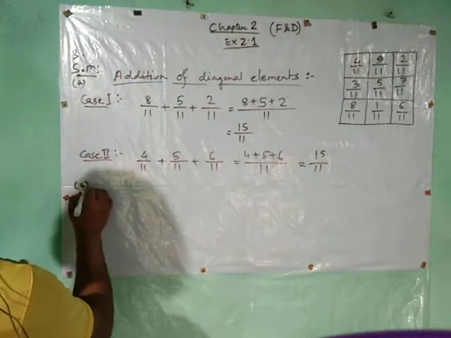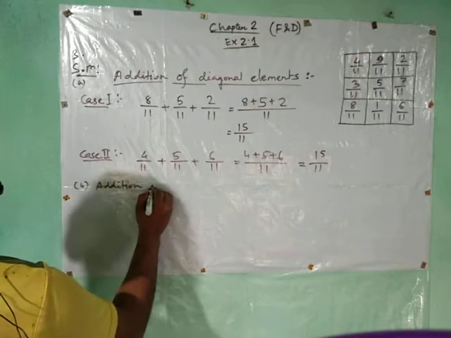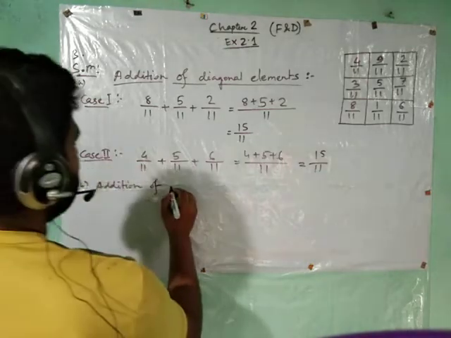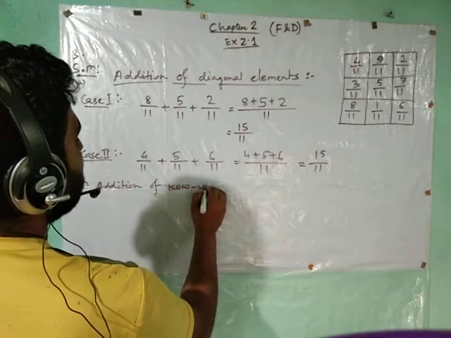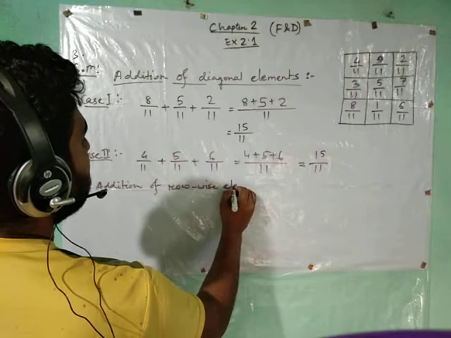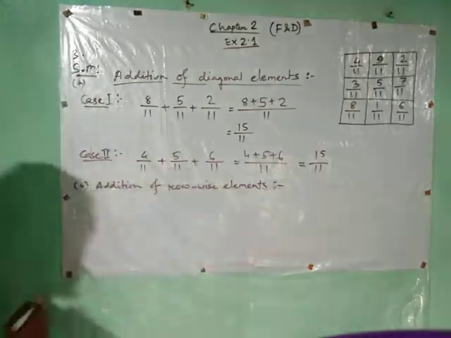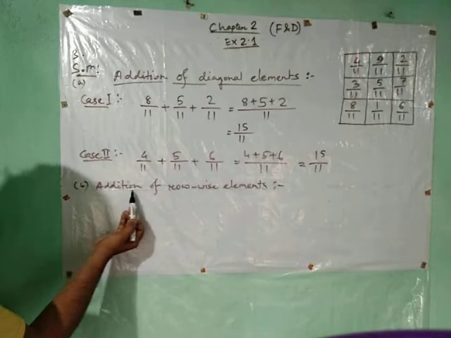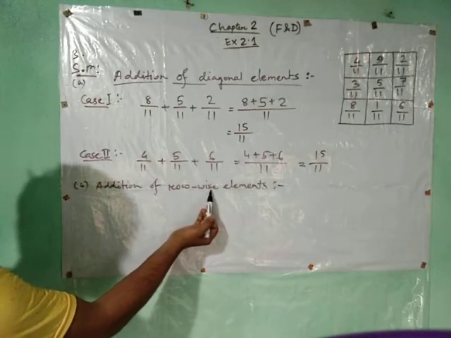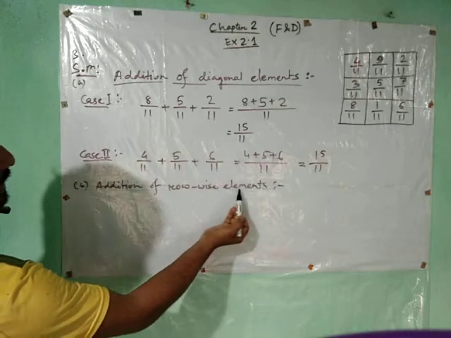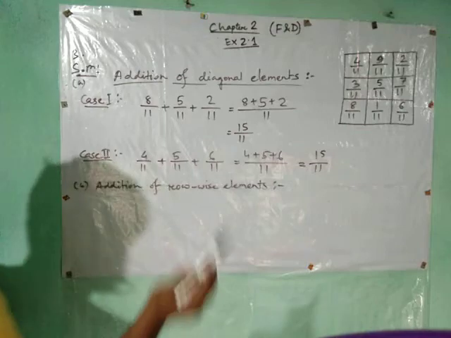Now for B, addition of row wise elements. Addition of row wise elements.